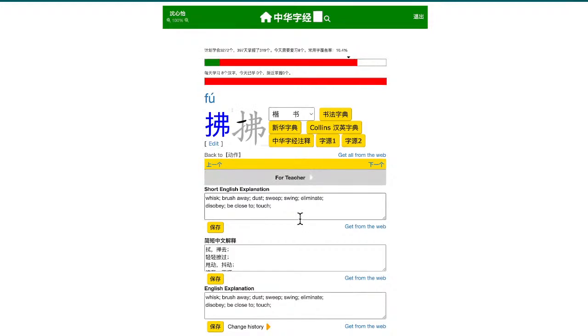Next one, 拂. 拂 is also a kind of wipe away, but this wipe is specifically for dust. Sweeping away dust, a whisk, brush away the dust. It's called 拂, eliminate, swing, eliminate things.